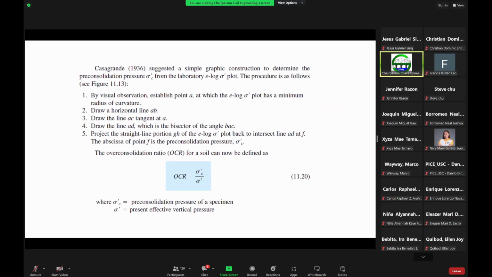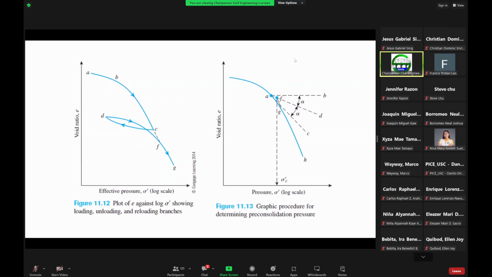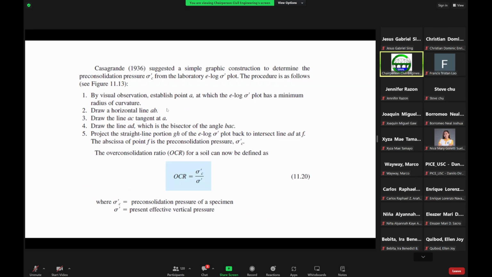But for the pre-consolidation pressure of the specimen, if you have the e-log p plot, for example this one here, you can also determine the pre-consolidation pressure. The procedure for that is this one here. First, by visual observation, we can establish a point A at which the e-log p plot has a minimum radius of curvature.